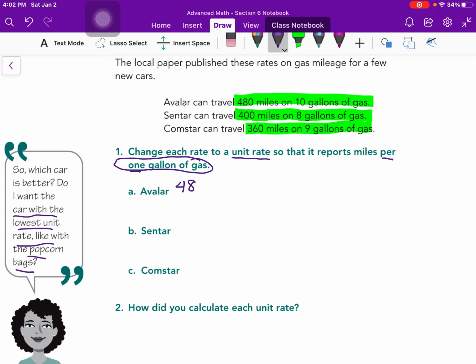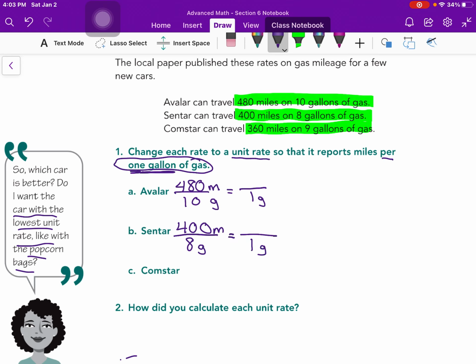Start with the Avalar. We write the ratio, 480 to 10. And this 480 is miles. And this is gallons of gas. And we want to get it down to 1 gallon of gas. That's how we set it up. In the Centaur, the ratio is 400 miles for 8 gallons of gas.